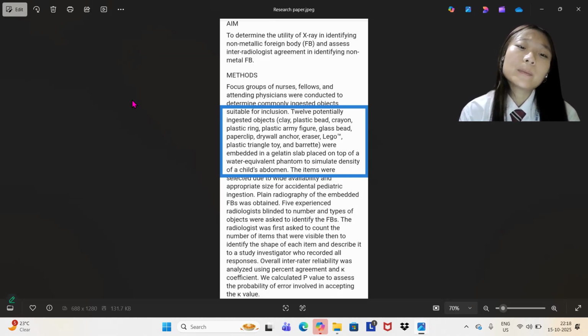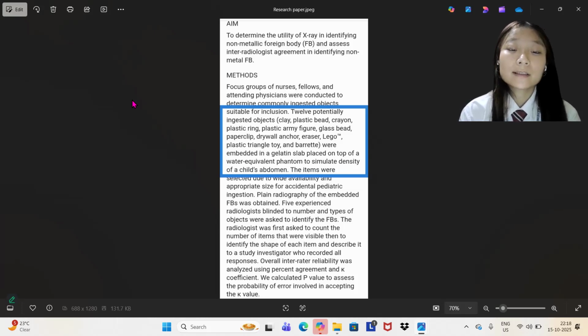These were embedded in a gelatin slab placed over a water equivalent phantom to mimic the density of a child's abdomen, creating a realistic simulation for radiographic testing.